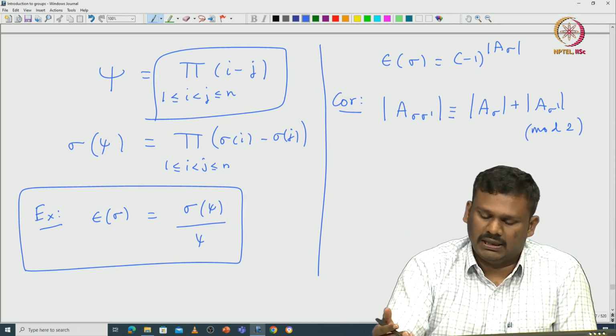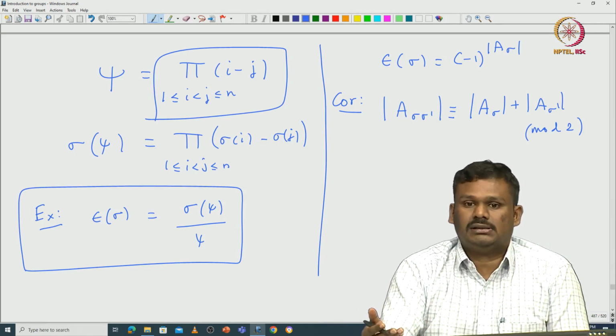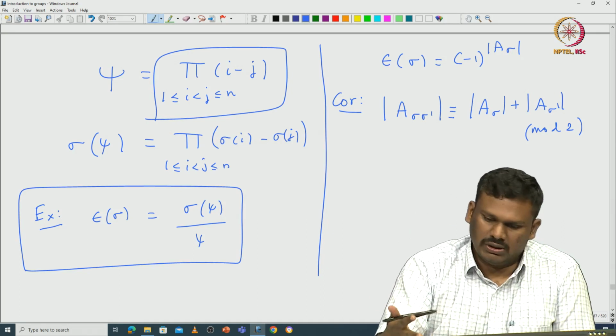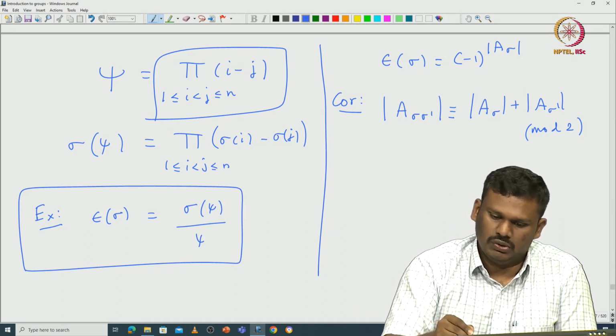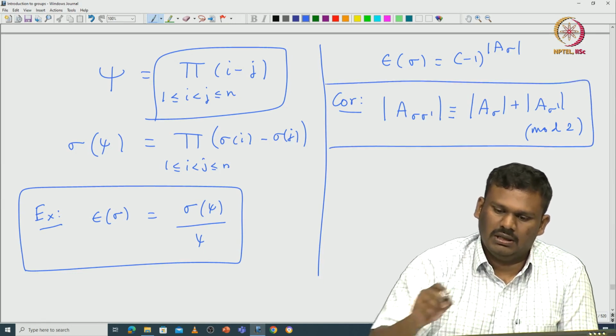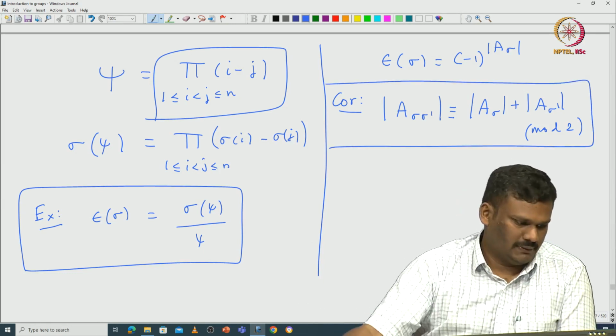This is an immediate corollary because epsilon is a group homomorphism. This is something one can also directly try to check using the definition of A sigma. I will leave it to you to check. Okay.